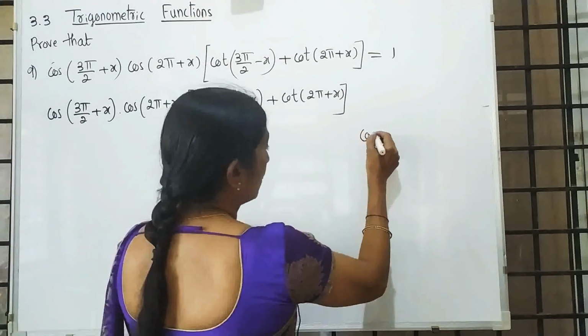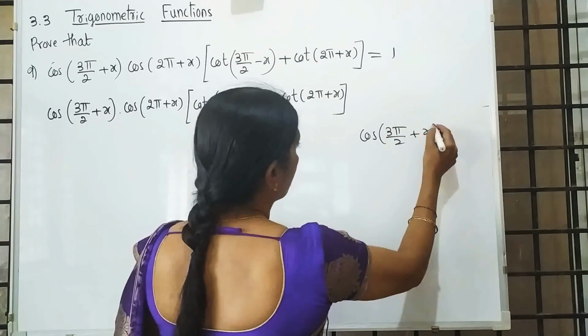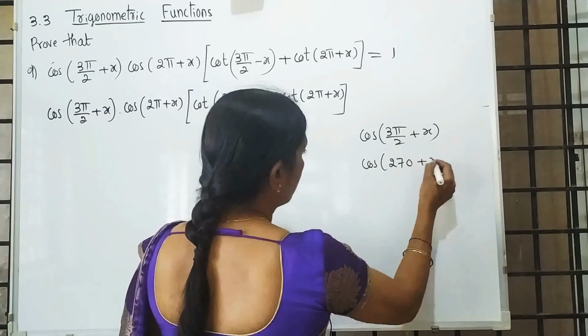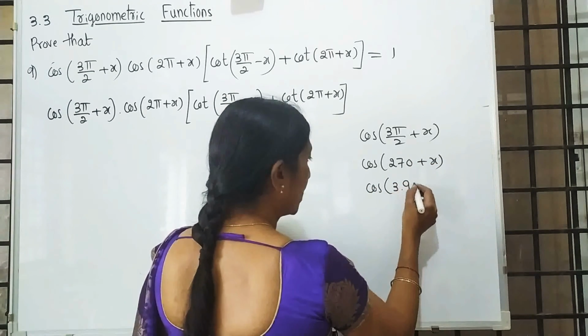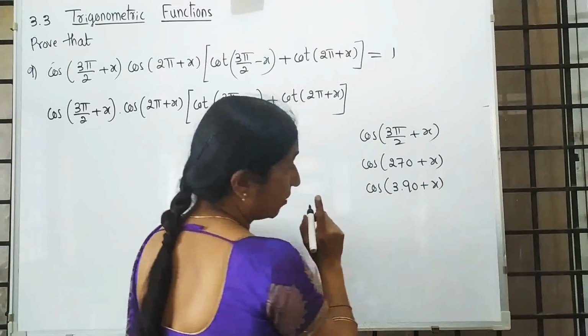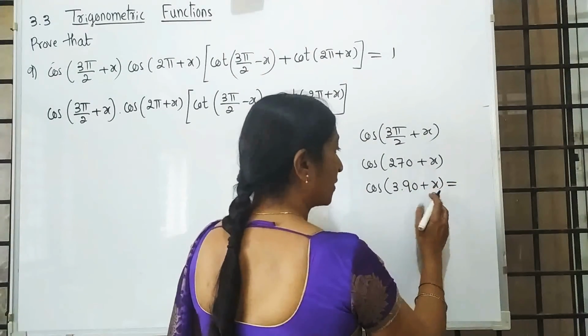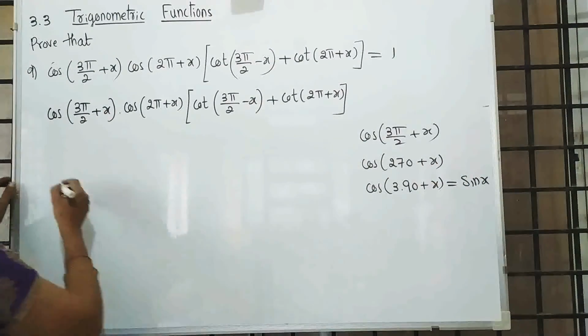See, what is cos 3 pi by 2 plus x? That is cos 270 plus x. That is nothing but 3 into 90 plus x. 3 is odd. Cos changes to sin. It comes in fourth quadrant. In the fourth quadrant cos is positive. So it is sin x.